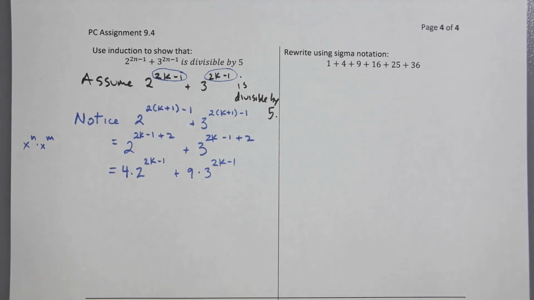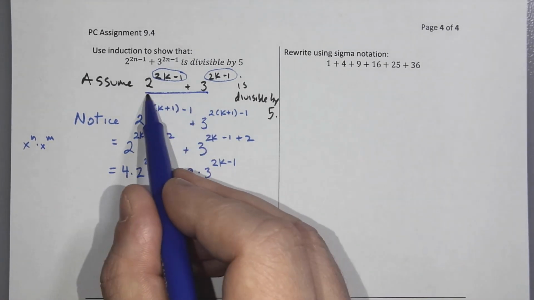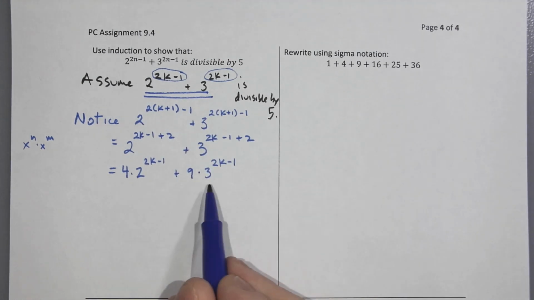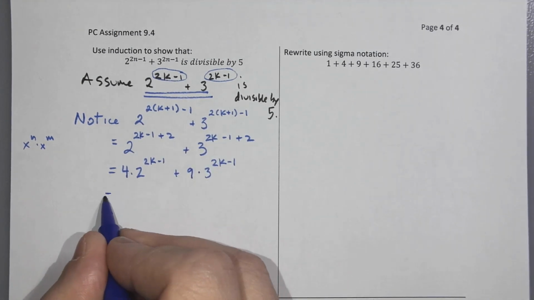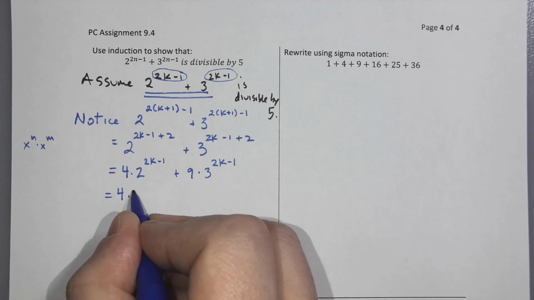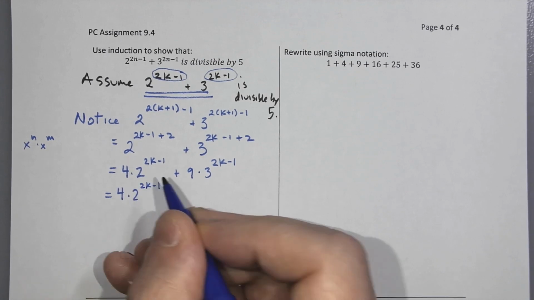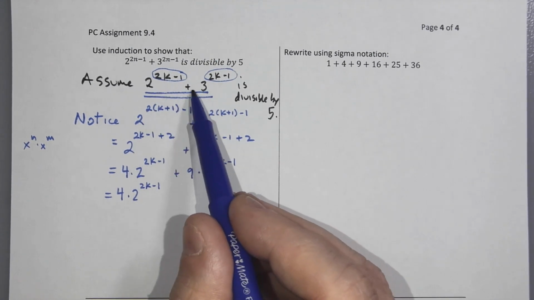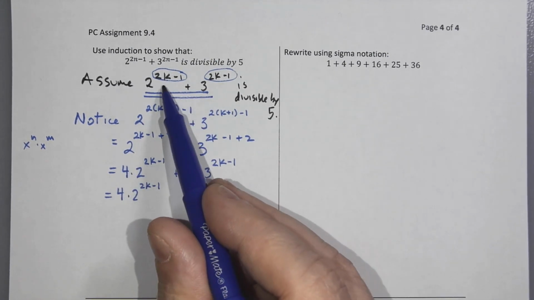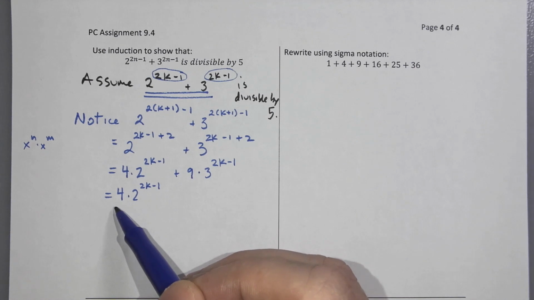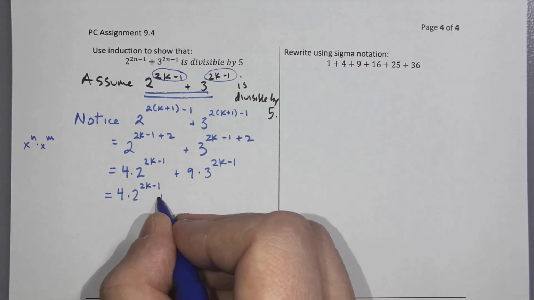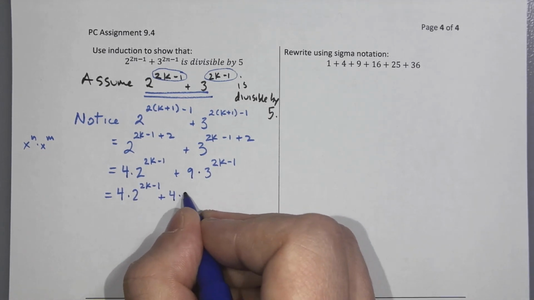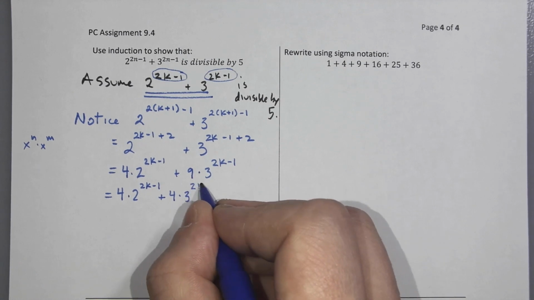Okay, now here's where the genius step comes in. Remember, this is what I want, and this is what I have. So to make that happen, I'm going to take the first part and write it down. I wish I had this. So in order to get that, the problem is I have the 2 to the 2k minus 1, but there's a 4 out in front of it. So what I'm going to do is add 4 times 3 to the 2k minus 1.